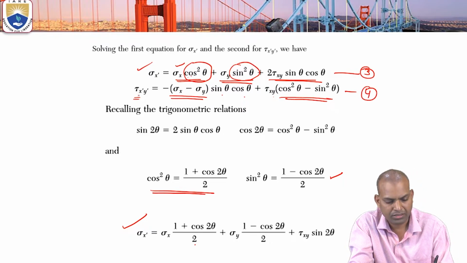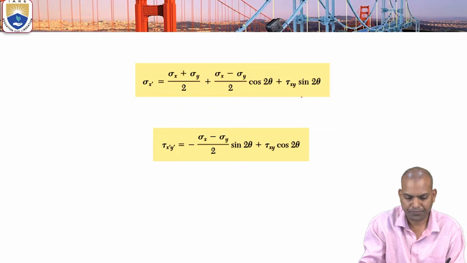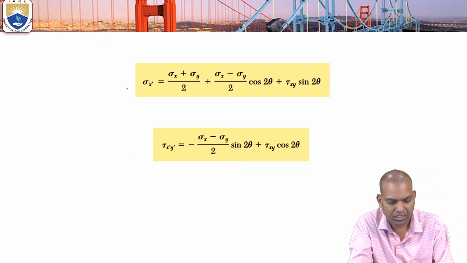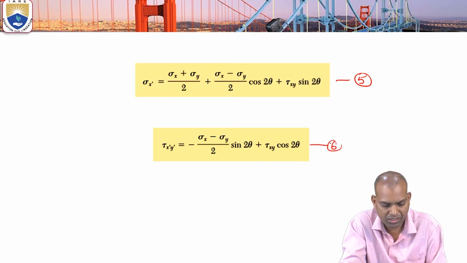Now in this equation, tau x dash y dash equals minus (sigma x minus sigma y). If you multiply both the numerator and denominator with 2, then 2 times sin theta cos theta, that is sin 2 theta by 2, will come. And tau xy (cos square theta minus sin square theta), that is cos 2 theta. Now the final equations are equation 5 and equation 6.